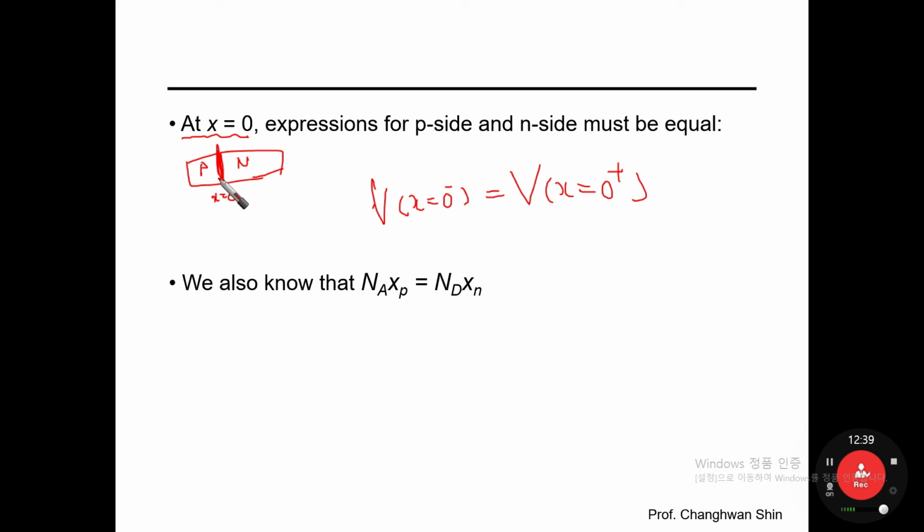The potential value slightly on the p side should be identical to the potential value at this interface, but slightly on the right-hand side. So this equation should be satisfied. So from the equation that we derived in the previous slide, just plug in 0 instead of x. Then you will get this equation, right?